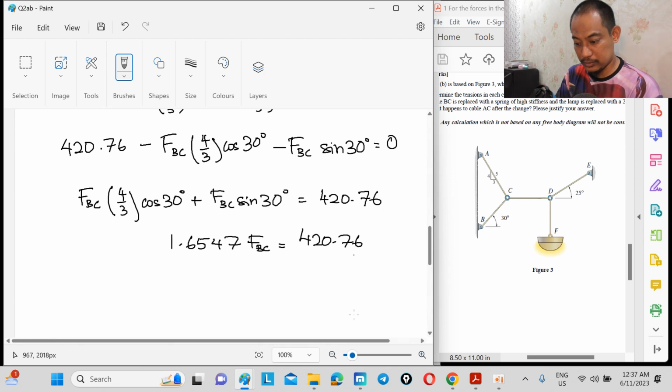Is it correct? 1.6547. All right, so 420.76 divided by 1.6547, you get FBC equal to 254.28 Newton.